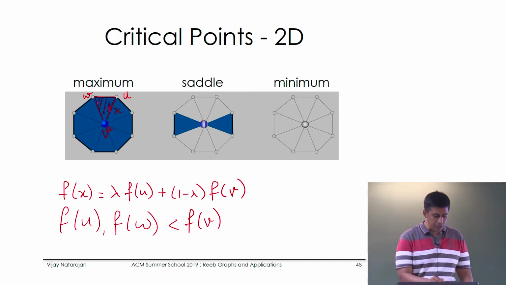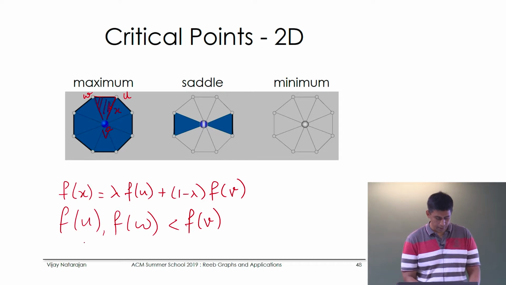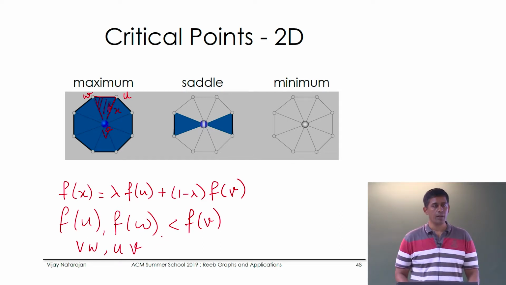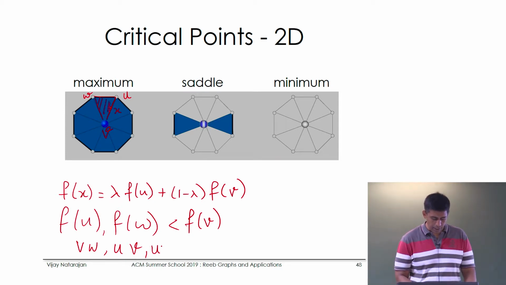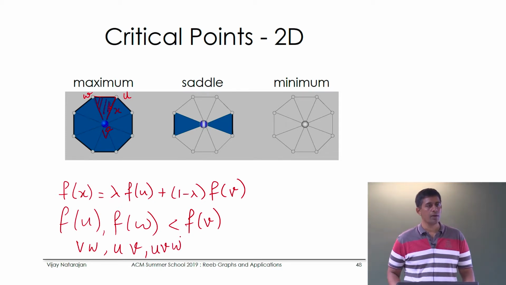Then all points on the edges uv, vw will also have function value less than that at v, and all points in the triangle will also have function value less than the value at v, right.